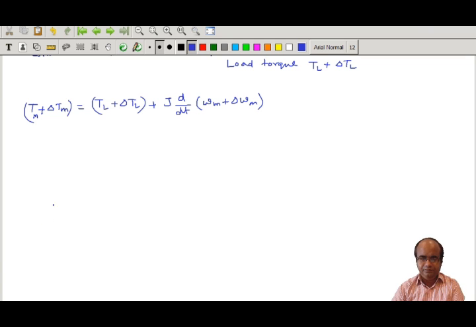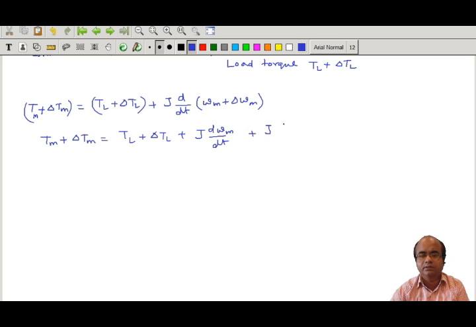That is, Tm plus delta Tm equals TL plus delta TL plus J d omega m dt plus J d delta omega m dt.